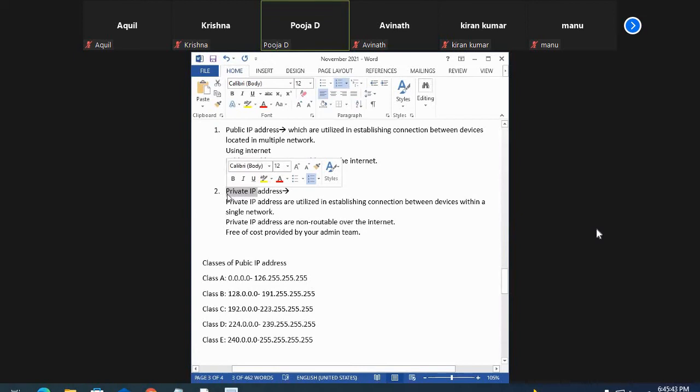If in one college campus multiple labs are there, like a science lab and a computer lab, where also computers are there, the admin can distribute multiple IP ranges to each and every lab. So that is what is provided by your admin team, and you will get this free of cost.